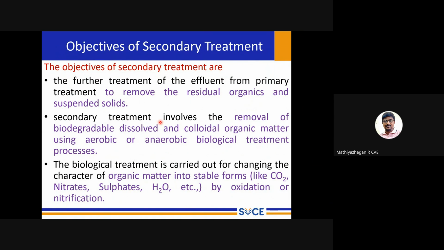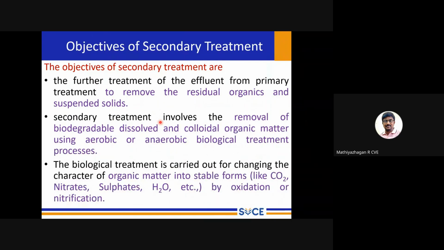But in the primary treatment, everything is a unit operation only. Screening, grit chamber, and primary clarifier are all unit operations. But here, the biological process comes under unit processes. The bacteria decompose the organic matter present in the sewage.